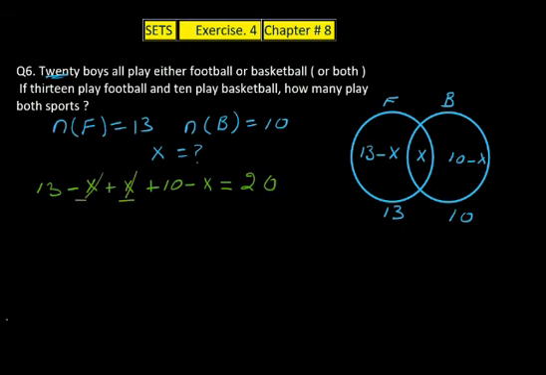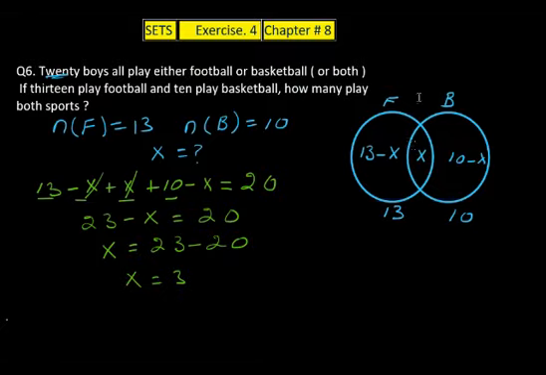Minus x plus x will cancel each other out. 13 plus 10 makes 23, minus x equals 20. Take x to that side, 20 to this side, so it means that x will be equal to 23 minus 20. It means x equals 3. It means that three boys play football and basketball.